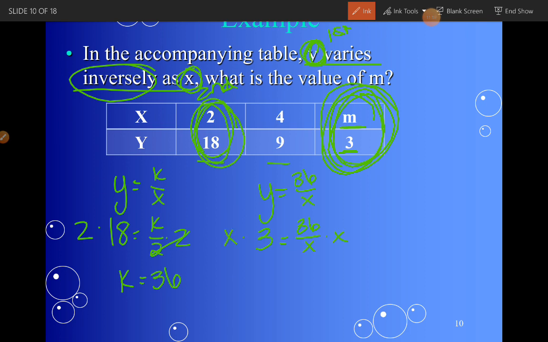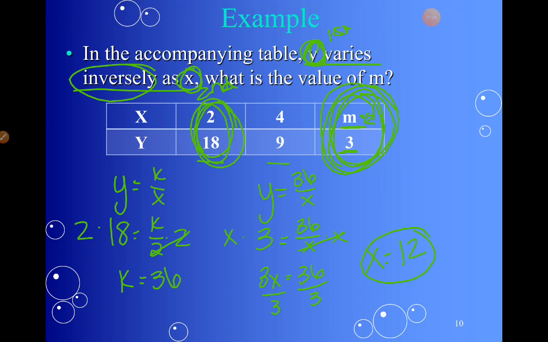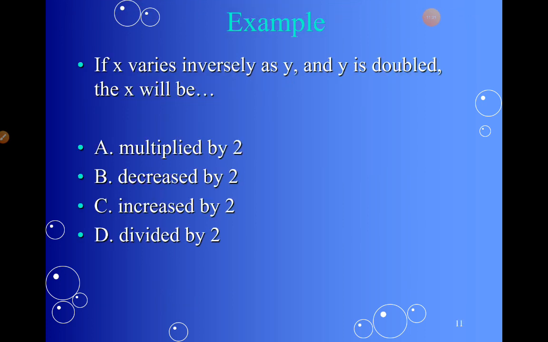Again, I'm multiplying both sides by x just to get it out of the denominator. So I get 3x is equal to 36. Divide both sides by 3, and I get x is equal to 12. So, well, it was an m, but that doesn't matter. So our missing value is going to be 12. Okay, let's talk about a couple more word problems here.